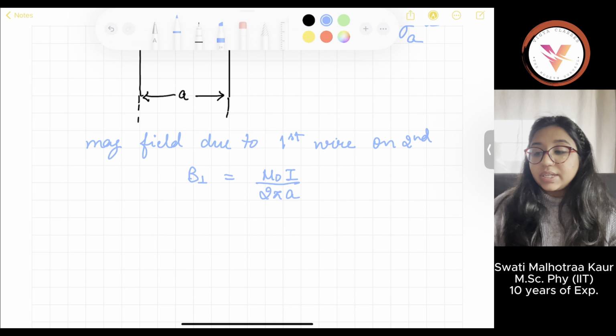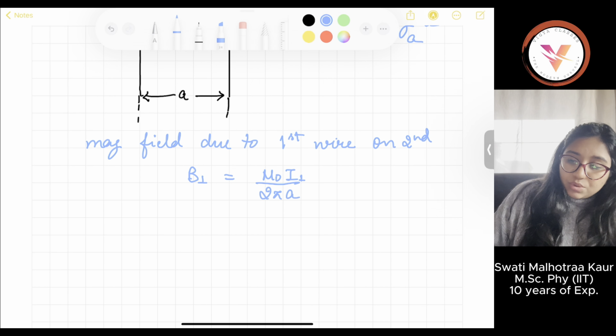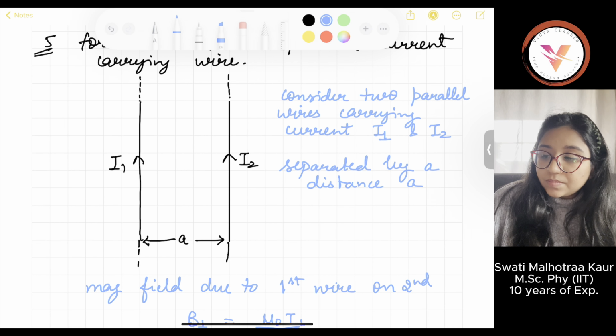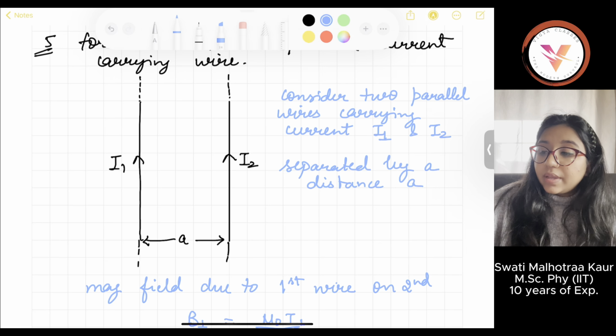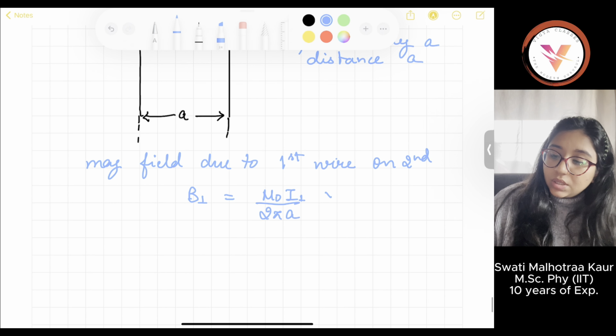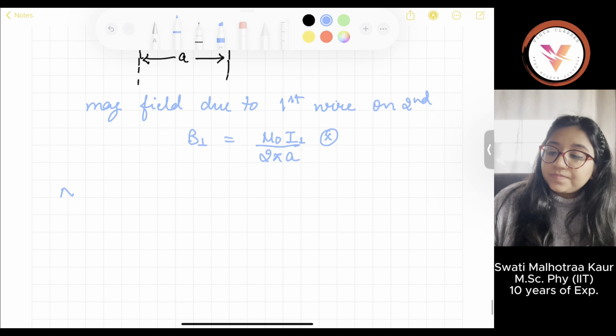Now if you want to check the direction, use the right hand thumb rule and it will go downward, cross.